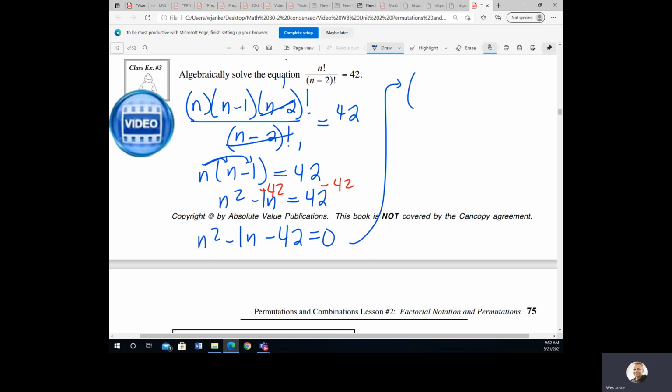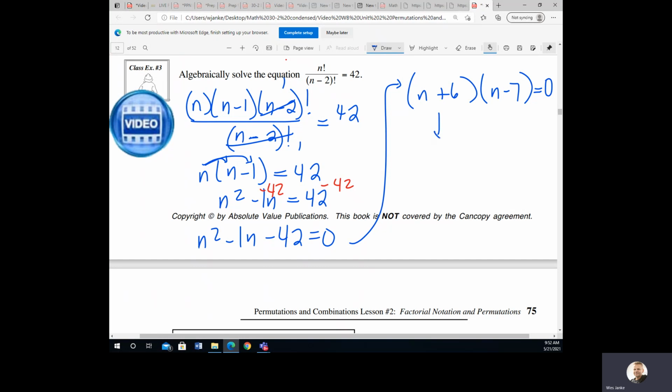So I can break that trinomial down into two factors, n plus 6 and n minus 7. You can FOIL just to double check that you got it right. So n times n was the n squared, n times the negative 7 was negative 7n, 6 times the n was 6n, so negative 7n and 6n is negative 1n, and finally the 6 times the negative 7 gives us negative 42.